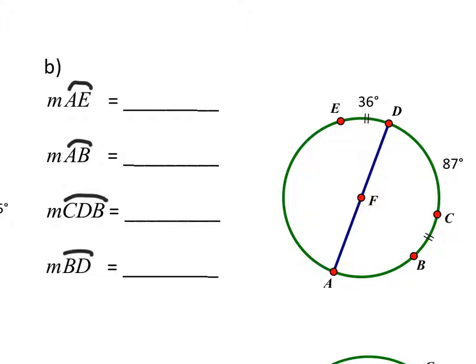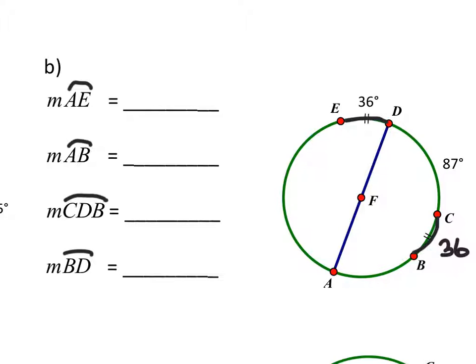The next problem I'm going to do just by marking up the diagram right from the get-go. Okay, so since this arc here is 36 degrees and it has two hash marks, then this is also 36.